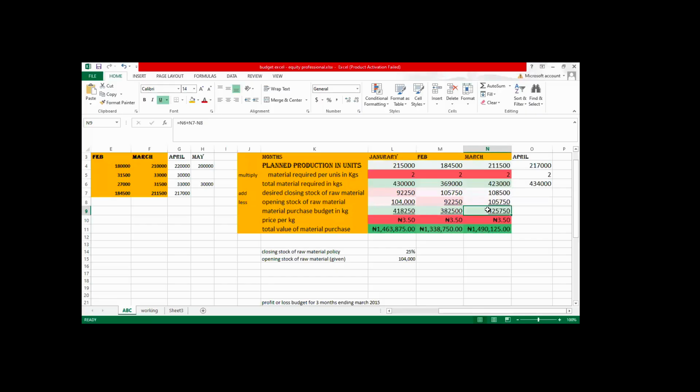In the month of March, we are going to purchase 425,750 kg. And the price per kg is 3 naira 50 kobo. Please multiply. 1,490,125. You are done with your material purchase budget.